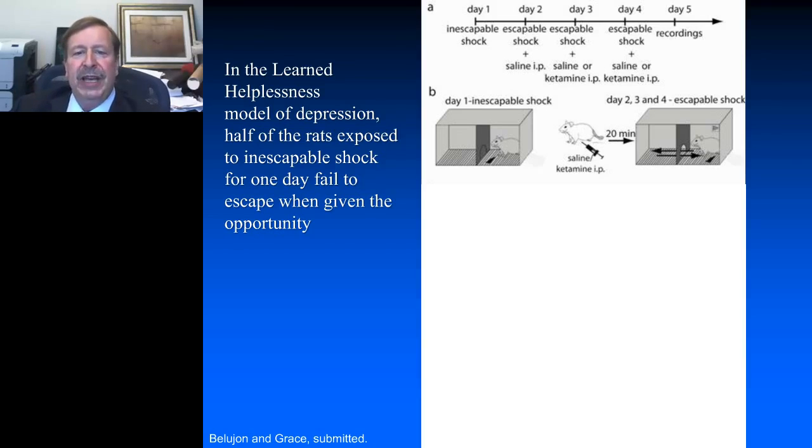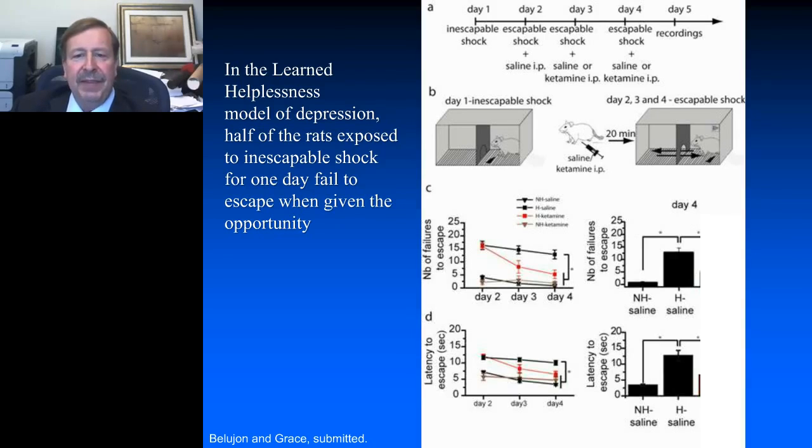What we do is expose animals to an environment where they have an inescapable mild shock. Not a painful shock, but just enough that it's disturbing to them. There's a barrier and they can't really escape the shock. After one day of this, we give them an escape route. And what we find under these conditions is that half the animals escape.